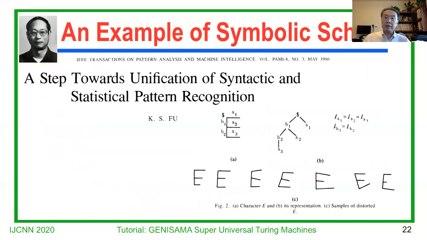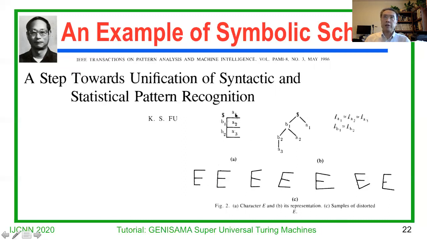So looking back, we learned a lot from our pioneers. And one of the pioneers I really respect is Professor K.S. Fu at Purdue University. He was dealing with syntactic pattern recognition because syntax was not absolutely successful, so you need to have statistics. For example, you have E with very different shapes.